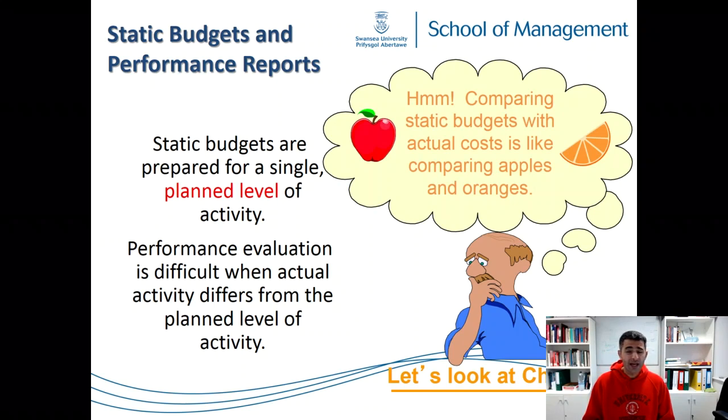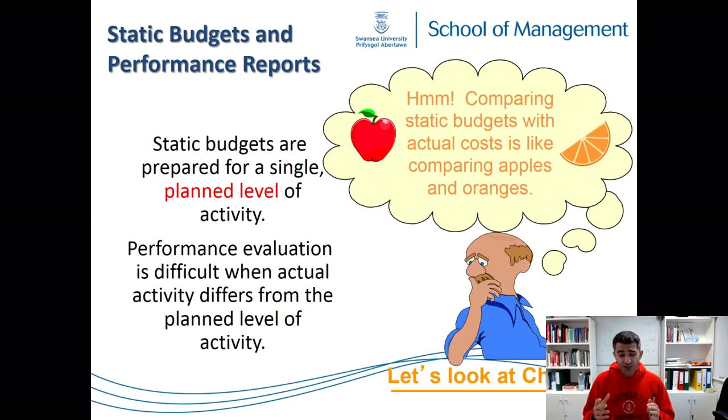So performance evaluation might be difficult. Why might it be difficult? Because the actual level of activity might be different from the planned level of activity, and there is a difference in terms of activities. This means it's difficult to evaluate the performance, because of course if we have less activity, we have to expect less cost.